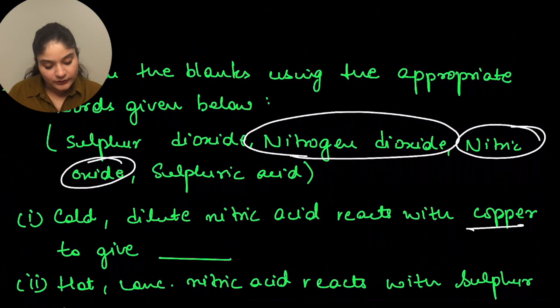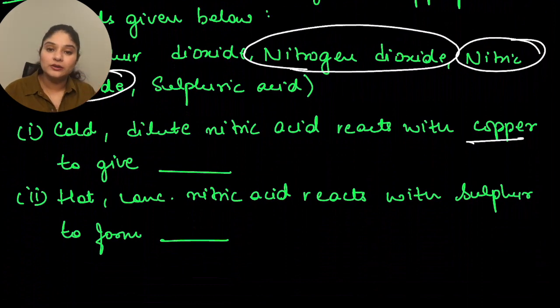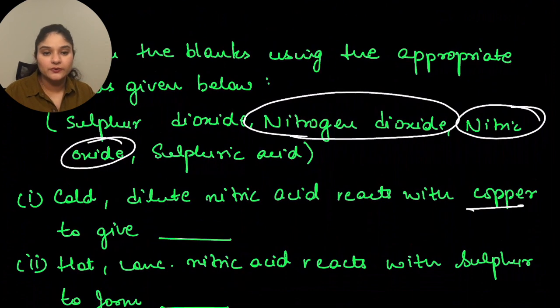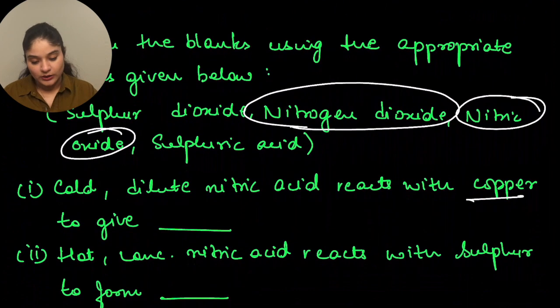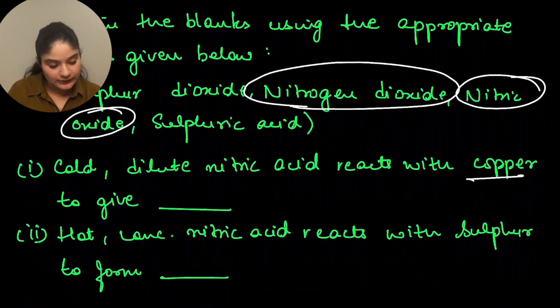Fill in the blanks using the appropriate words given. Cold dilute nitric acid reacts with copper to give... In this one, you can also mention the name of the acid, because sulfuric acid will be coming out in this one, and for the first one you get nitric acid anyways.